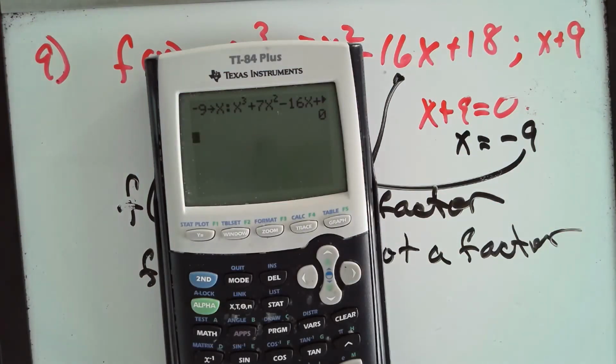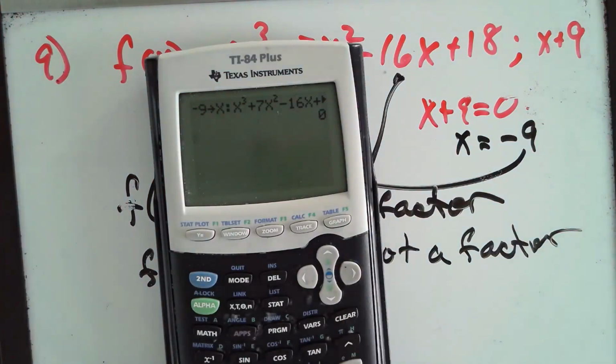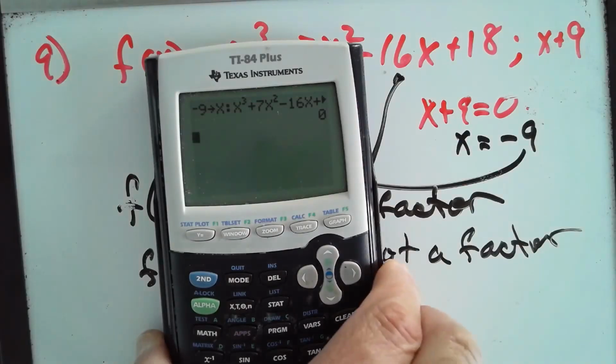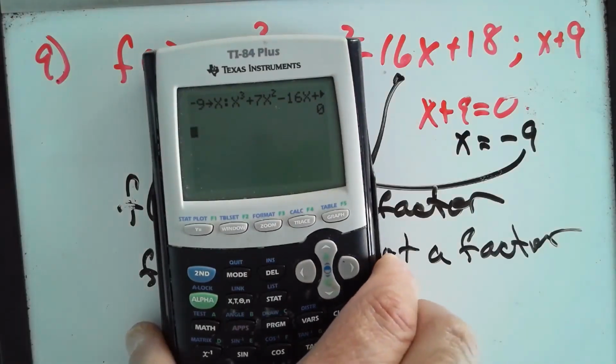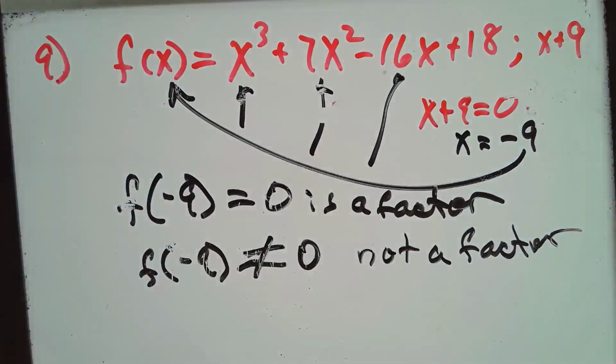So that's another way of showing you how to operate the calculator, substituting a value into the TI-84. Okay? Questions? So practice that. Let me know if you have any questions with that. And I'll post this video so you can take a look at it again if you need to. All right?